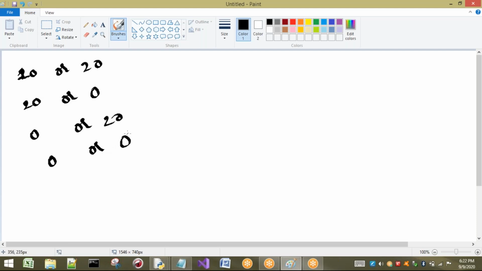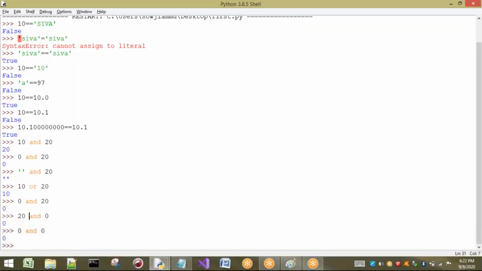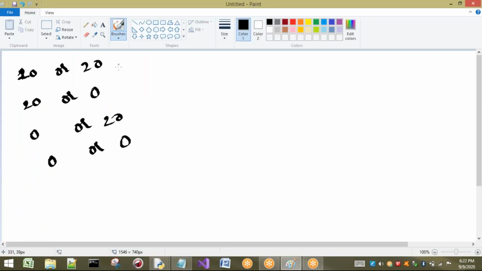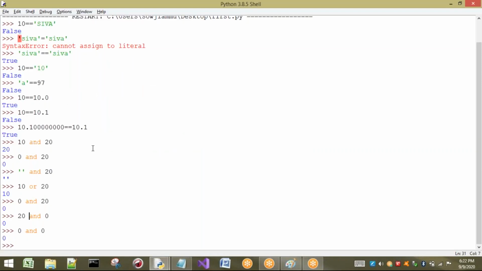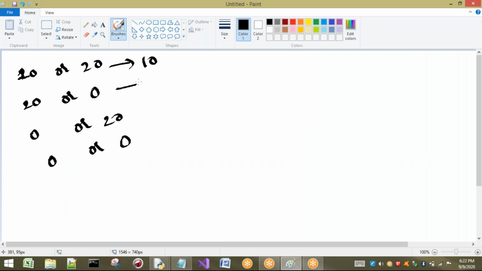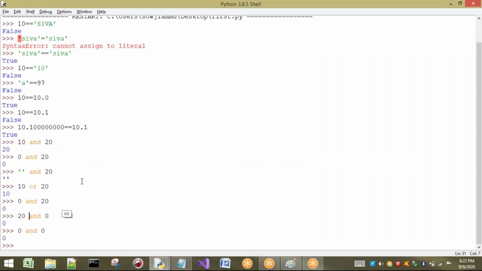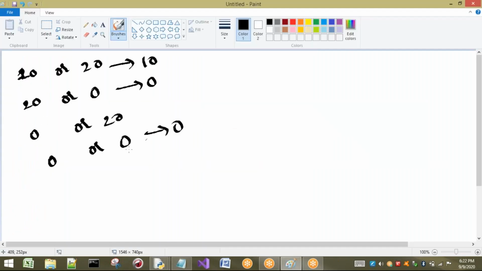Let us see what is the output of each statement here. The first one gives you 10. 20 or 0 gives you 20. Next one, 0 or 0 gives you 0.